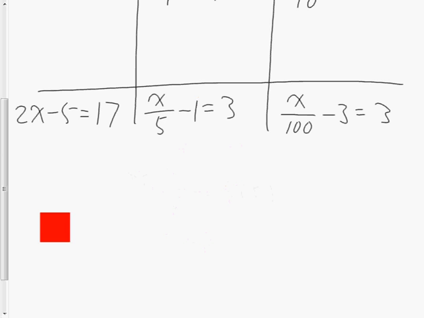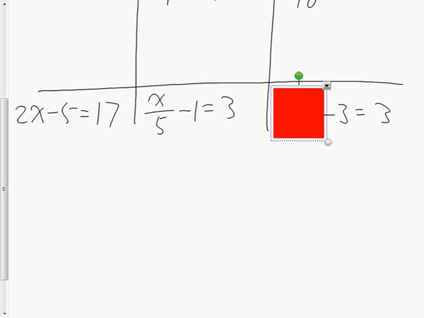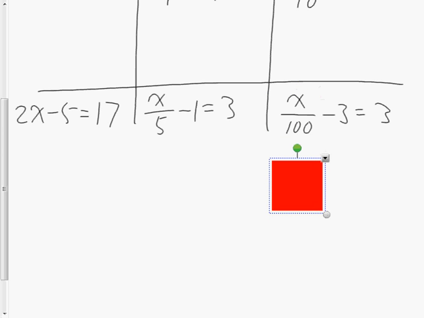And in the last question, if I take that red box one more time, cover it up, and say, what number take away 3 is 3? We know that red box has to be 6. So whatever's under that box has to be equal to 6. So what number divided by 100 is 6? 600.